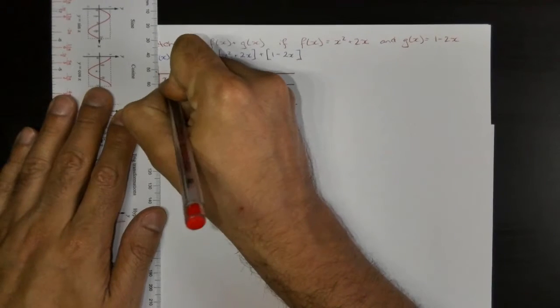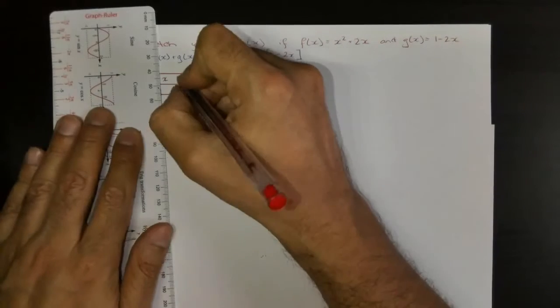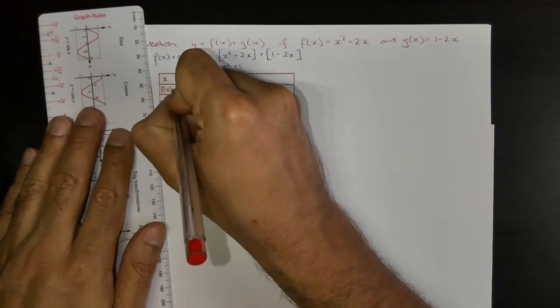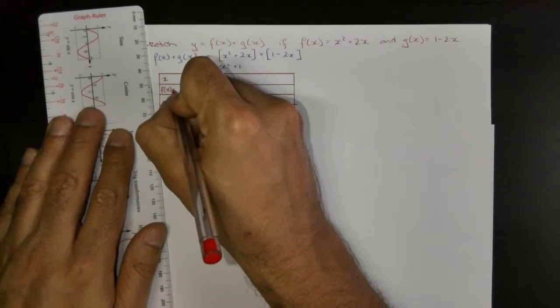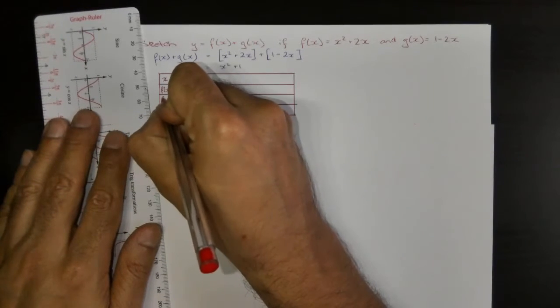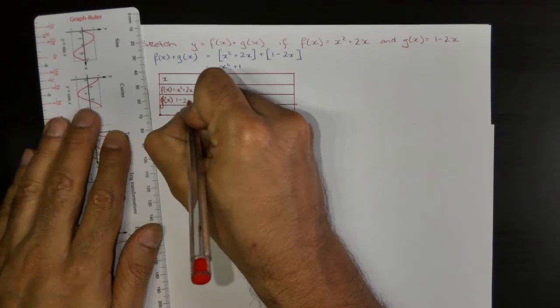Let's start with x on the top. I'm going to have f of x, which was x squared plus 2x, and I've got g of x, which is 1 minus 2x.